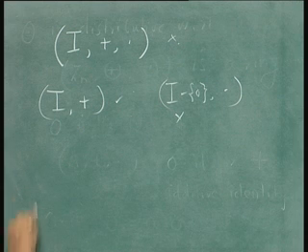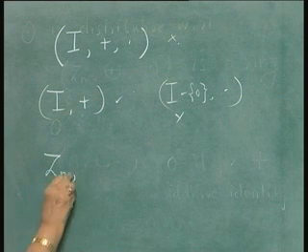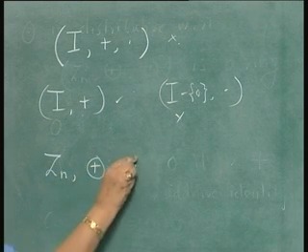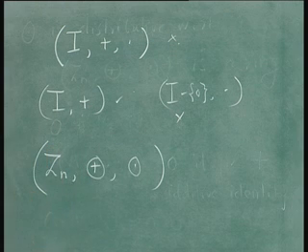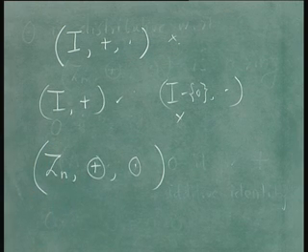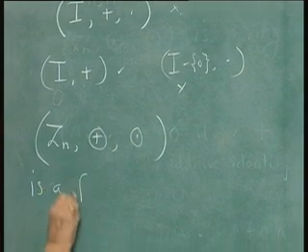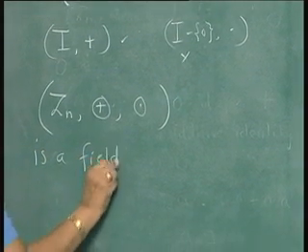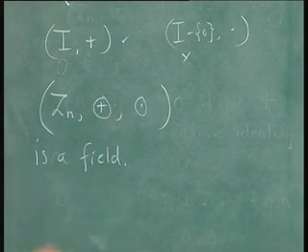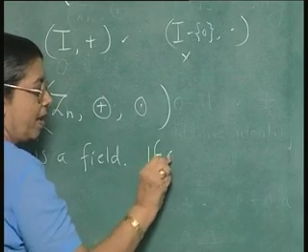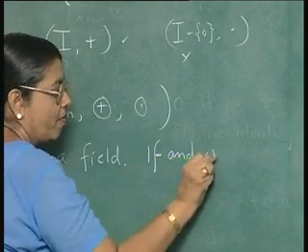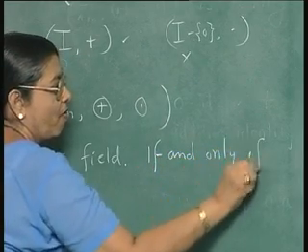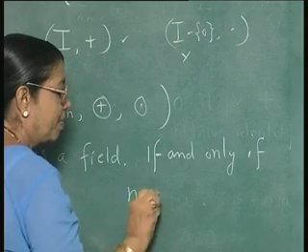Similarly, if you consider (Zn, +, ·), then this is a field. You can check this. This is a field if and only if n is a prime.